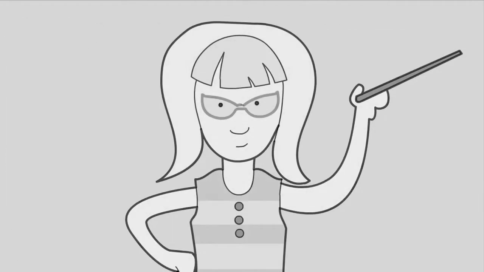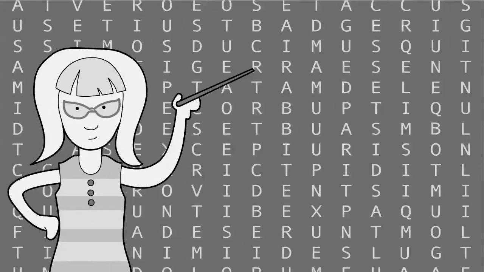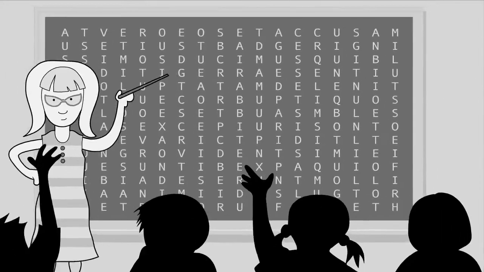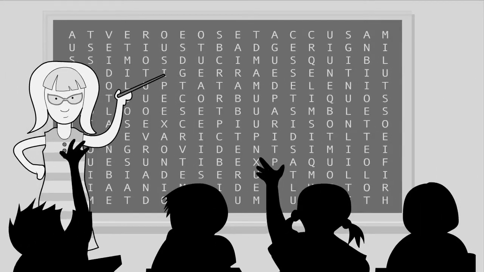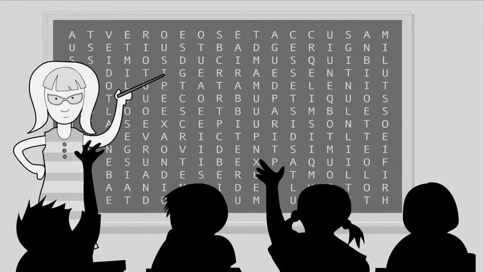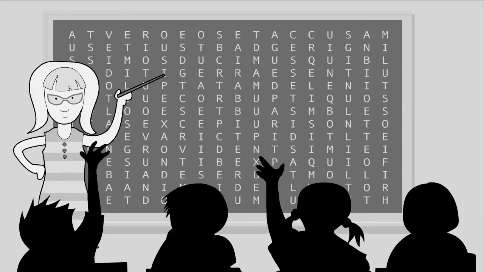Here is an analogy for how this works. Imagine that you are a teacher in a classroom and that you have given your children a hidden word puzzle. You've promised that the first child who can find all the names of the animals in the letter grid on the blackboard can have a prize. The problem this creates is, how can you know whether a child has completely solved the puzzle and found all the words?